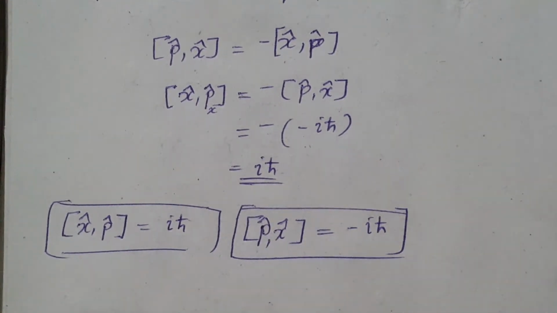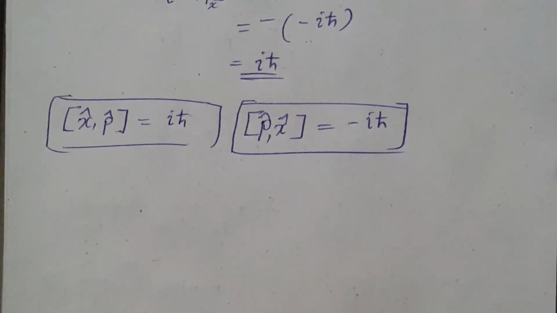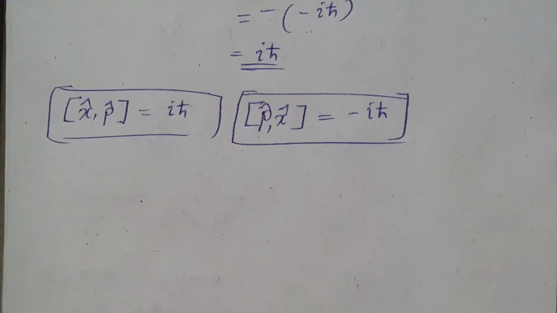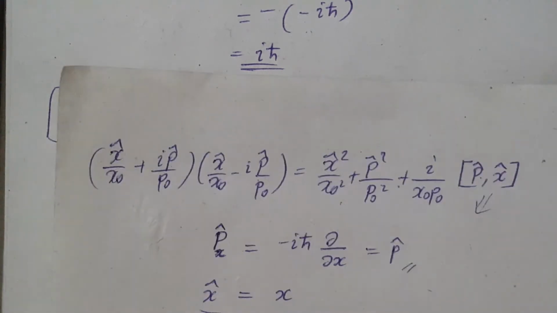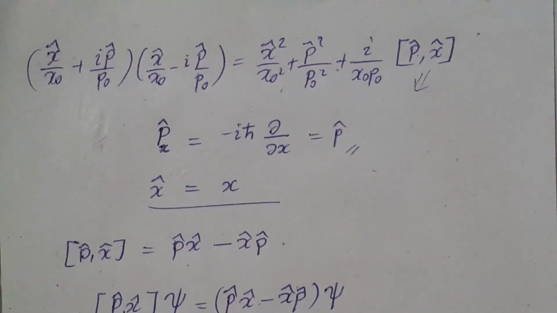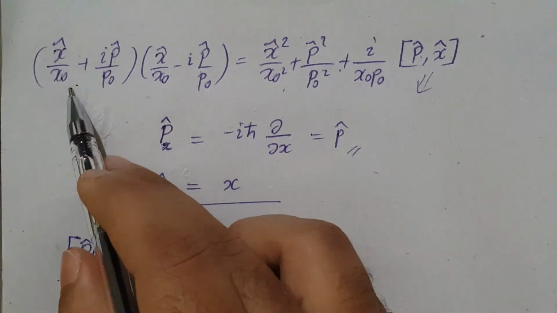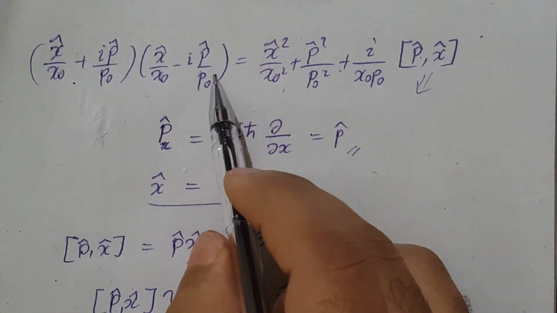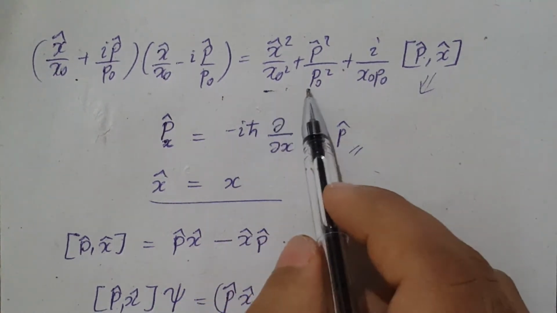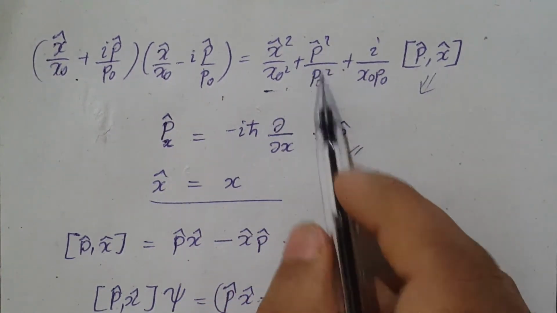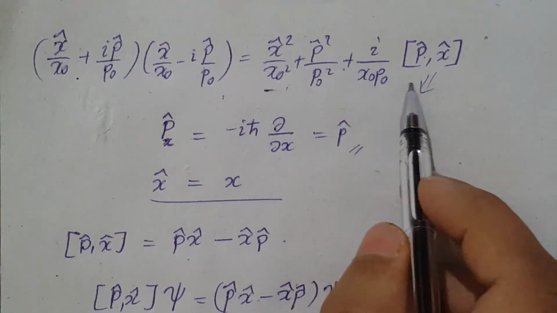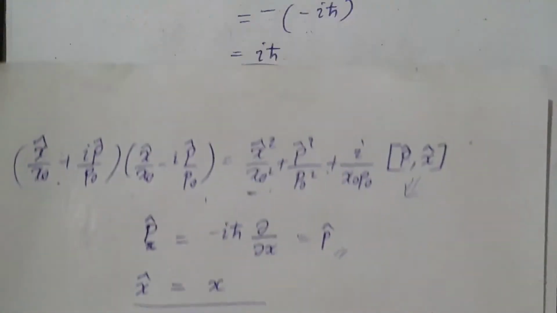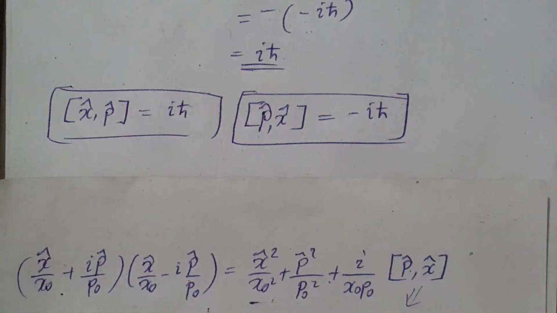Now let us come back to the expression we were discussing. What was that? We had this expression: x cap by x naught plus i p cap by p naught times x cap by x naught minus i p cap by p naught is x cap squared by x naught squared plus p cap squared by p naught squared plus i by x naught p naught times the commutator of p cap x cap, right? So what can we write here?